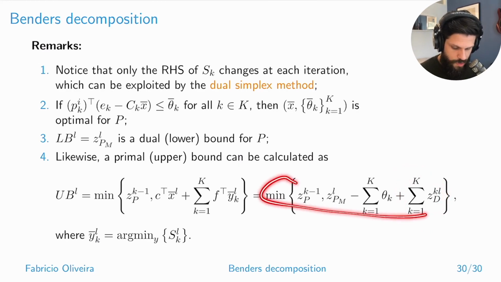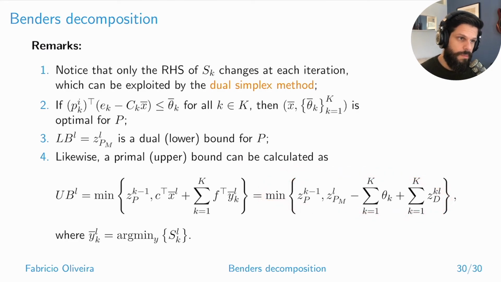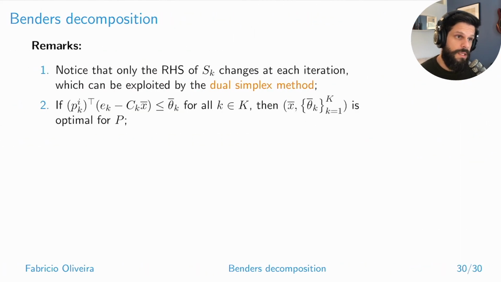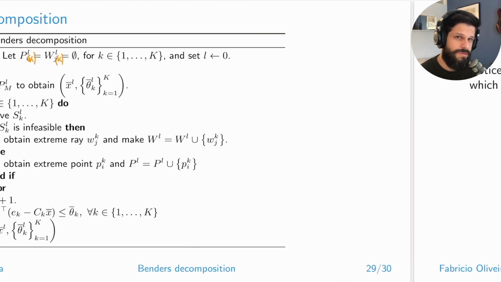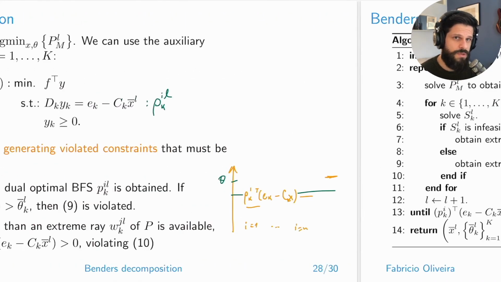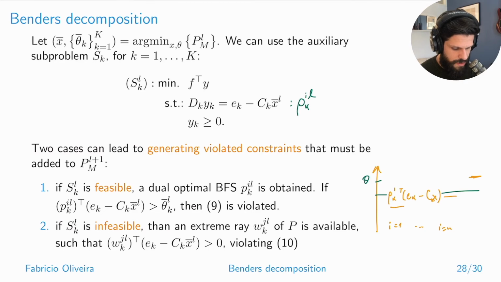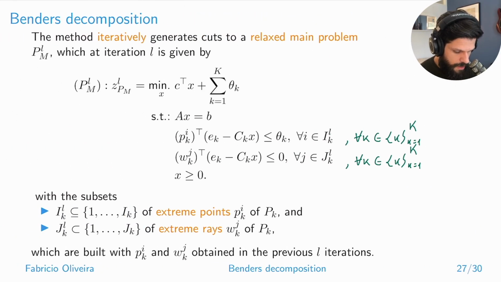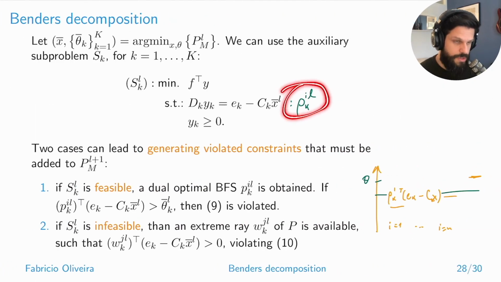This is more useful because typically when we are working with Benders decomposition, we might be dealing with a solver that doesn't have a good interface to capture dual values from these constraints. That was more of a thing of the past.